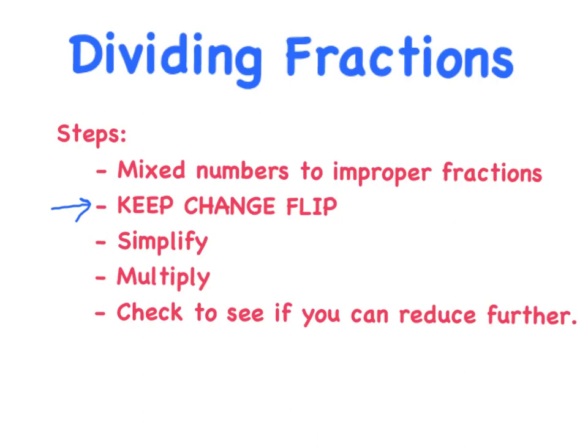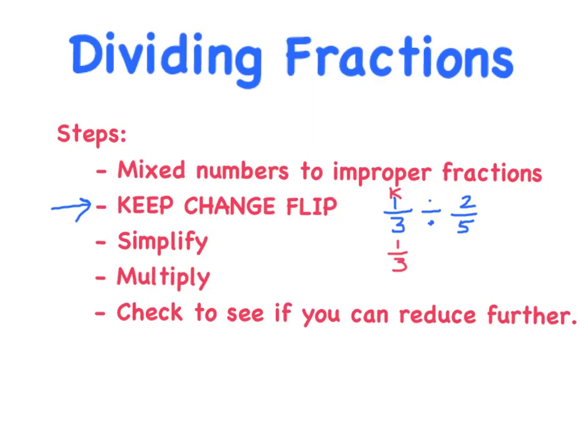Okay. The next rule is that we're going to use this process called keep, change, flip. And what that means is if I have something like 1/3 divided by 2/5, we are going to keep the 1/3, or keep the first fraction.